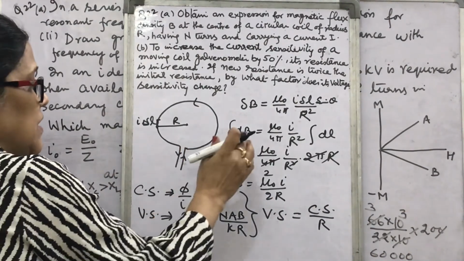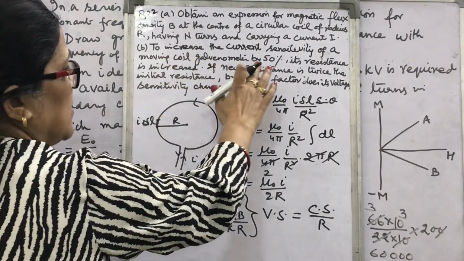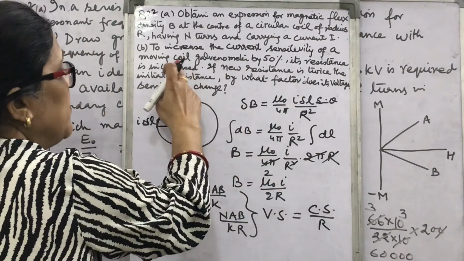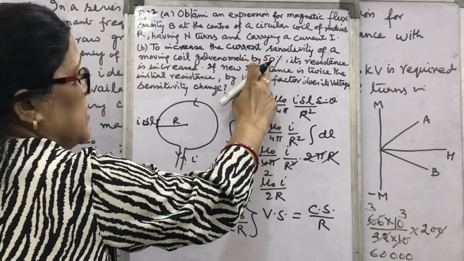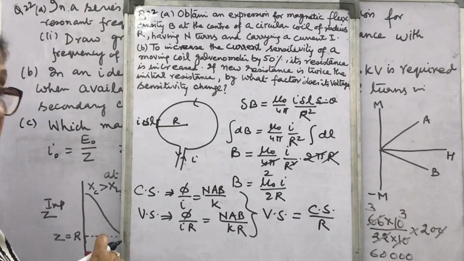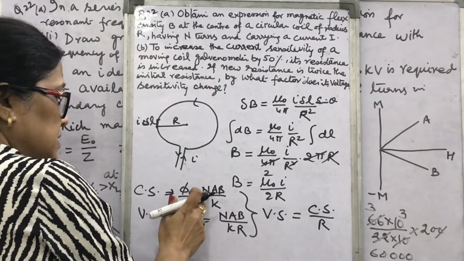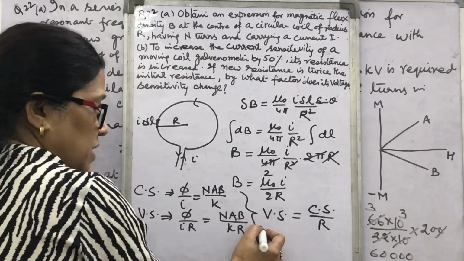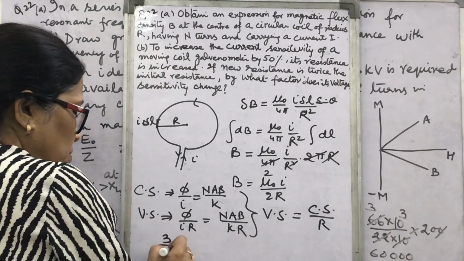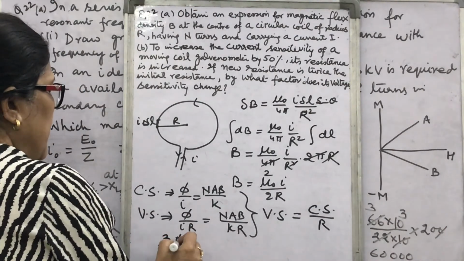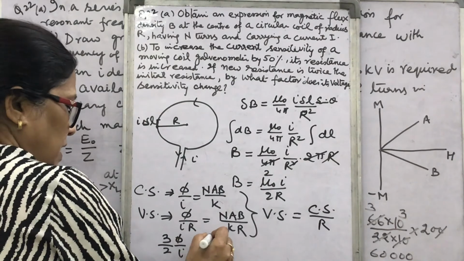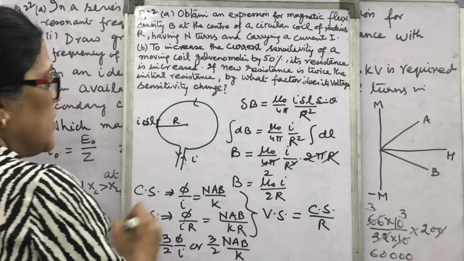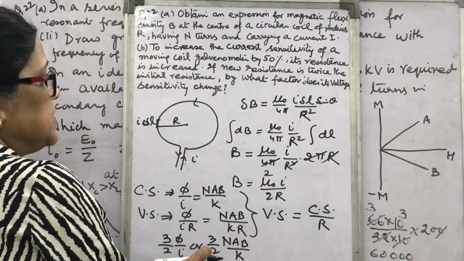It is given that the current sensitivity is to be increased by 50%. What does it mean? If this is NAB upon K, or phi upon I, then in the new case it will become 3 by 2 phi upon I, or 3 by 2 NAB upon K. This is the current sensitivity.